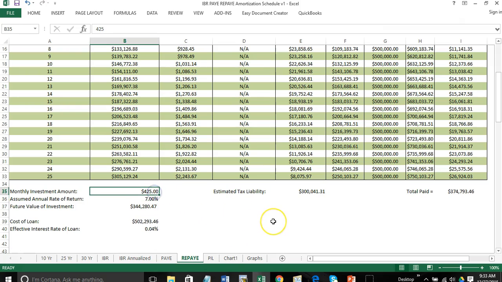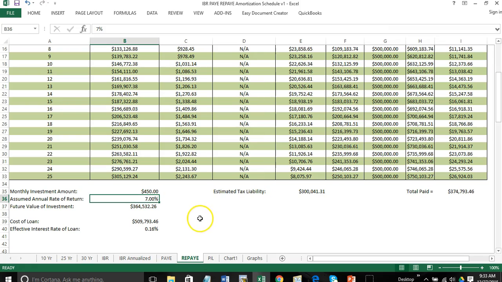Getting closer, I'll bump it up a little bit more. If you're saving $450 per month, generating a 7% annual return, the value of that investment after 25 years is about $365,000, more than sufficient to cover this estimated tax liability.